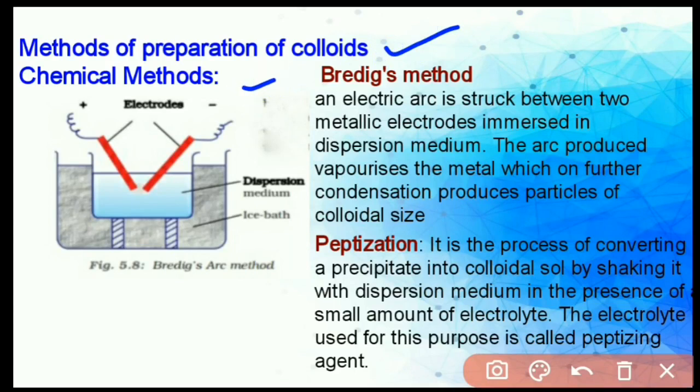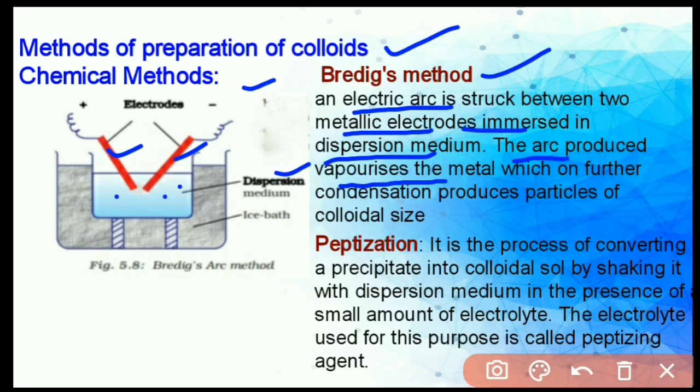First method is Bredig's method. In this method, an electric arc is struck between two metallic electrodes immersed in dispersion medium. Like this, these are two electrodes immersed in dispersion medium, and when we apply electricity, the arc produced vaporizes the metal, which on further condensation produces particles of the colloidal size.